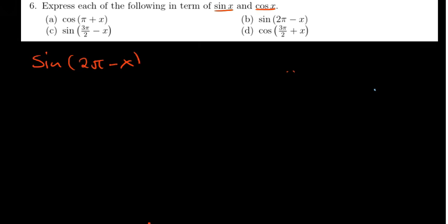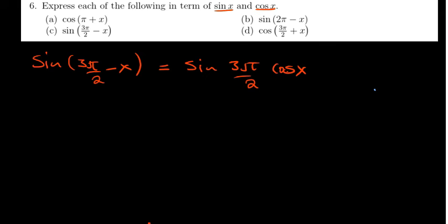We can now go to the other part. Sine of 3 pi over 2 minus x is equal to, again sine shares, right? Sine 3 pi over 2 cosine of x, and the sign is maintained, and then sine will now apply to x, and cosine applying to the other part. So this is 270.